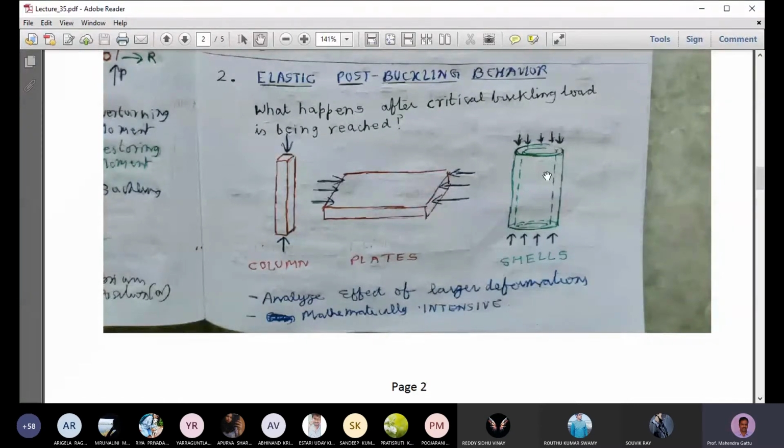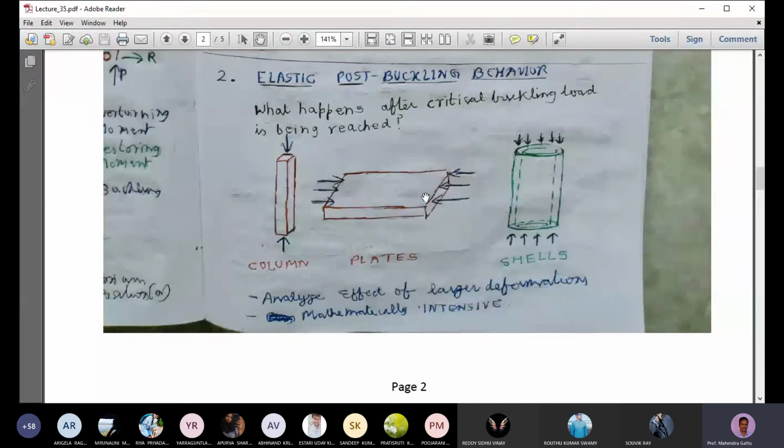In real life, you can see this in space structures, where there are some pressurized vessels which are of shell type, and in naval structures like submarines, where the hulls are usually of the shell type. So we want to understand how these structures behave, and what will happen post buckling, meaning after the buckling load is reached.